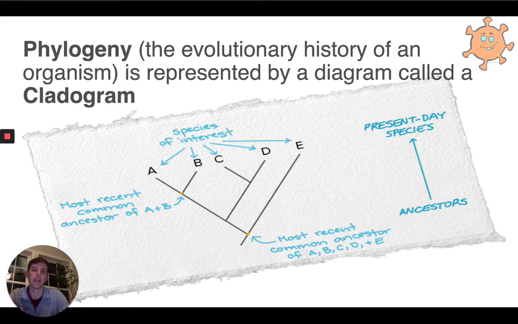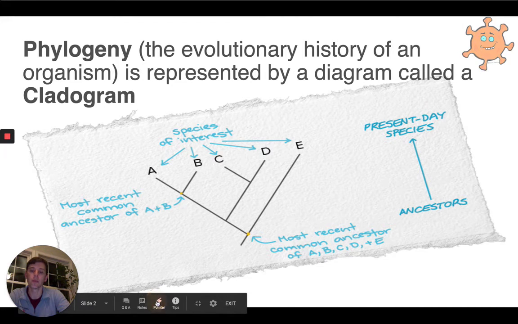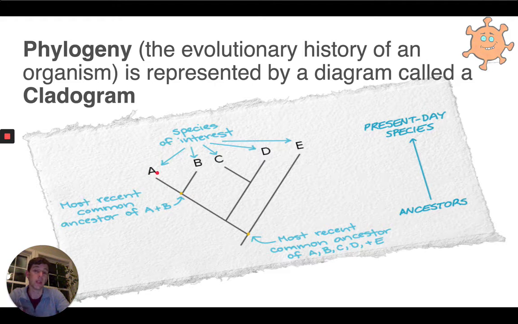So phylogeny is the evolutionary history of an organism, and that's going to be represented on these diagrams called cladograms. And so you can see here in this particular example, we have this branching diagram. And this branching diagram here is showing different types of species or different types of organisms.